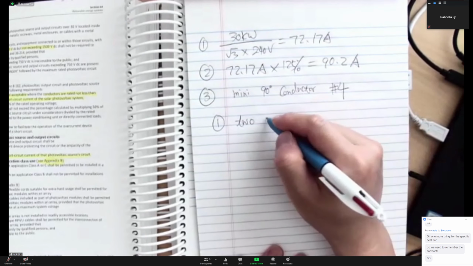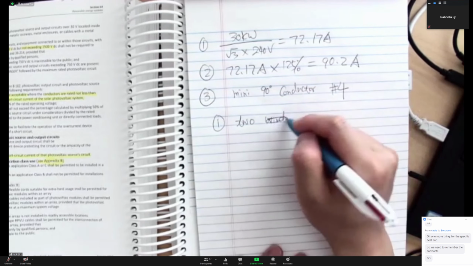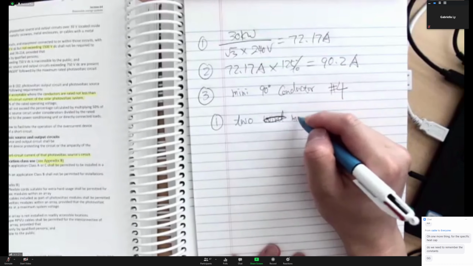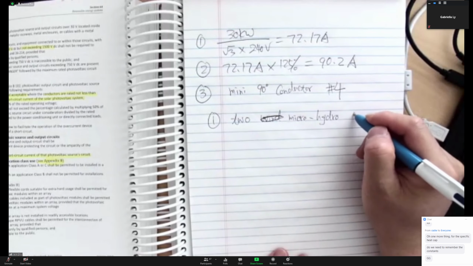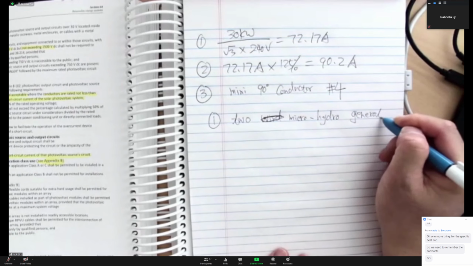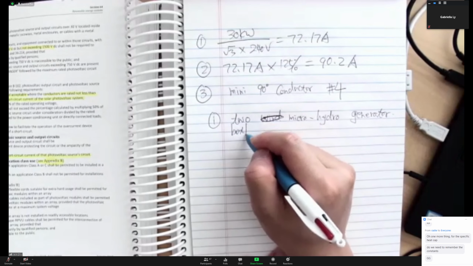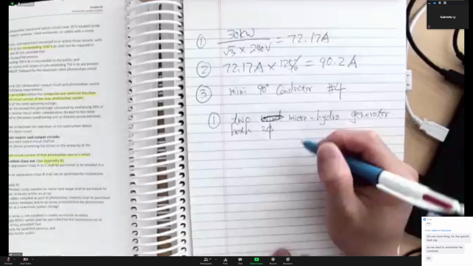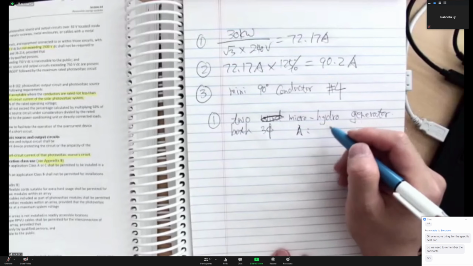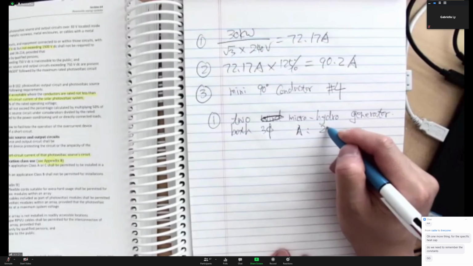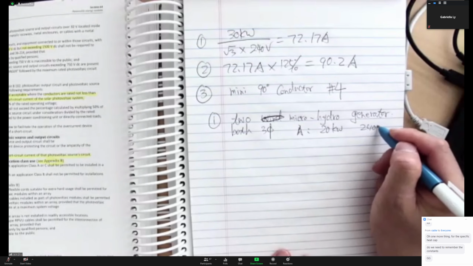Two micro hydro systems, micro hydro generators, both three phase. One is 20 kilowatts and 240 volts.